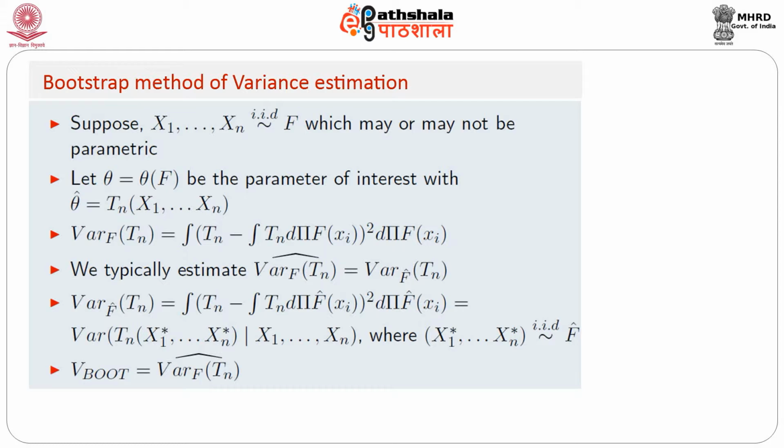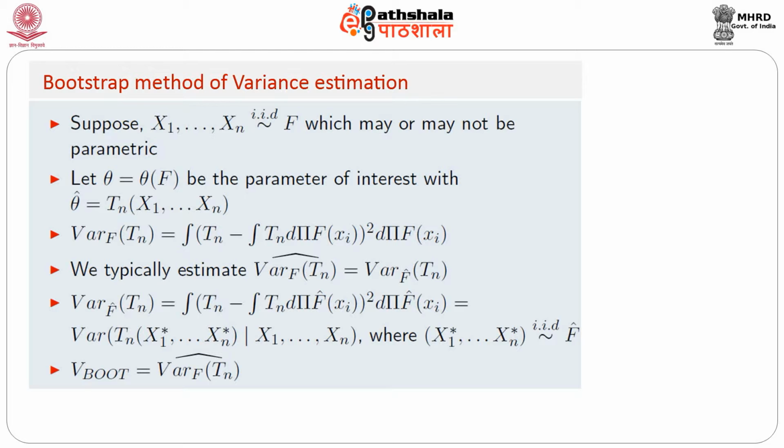So if we replace F by F hat, we get the integral of (Tn minus the integral of Tn dF hat)^2 with respect to the product of F hat, and that is nothing but the variance of Tn(x1 star, x2 star, ..., xn star) given x1, x2, ..., xn, where x1 star, ..., xn star follow IID F hat.